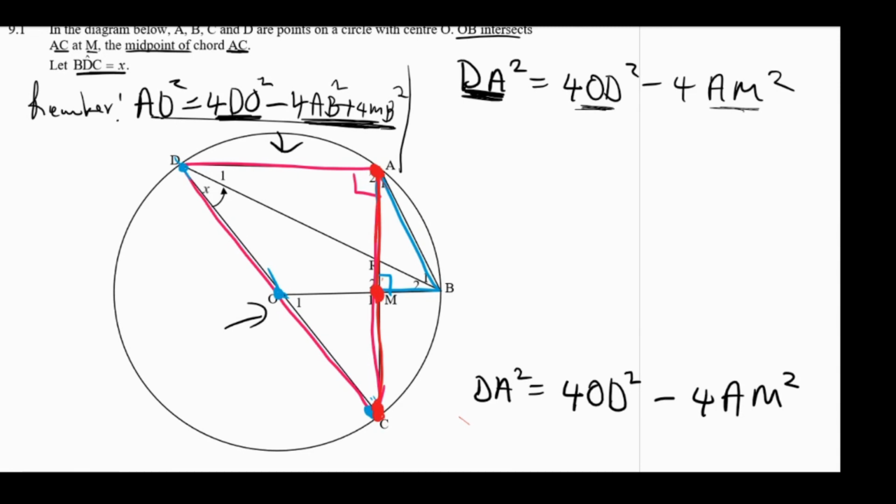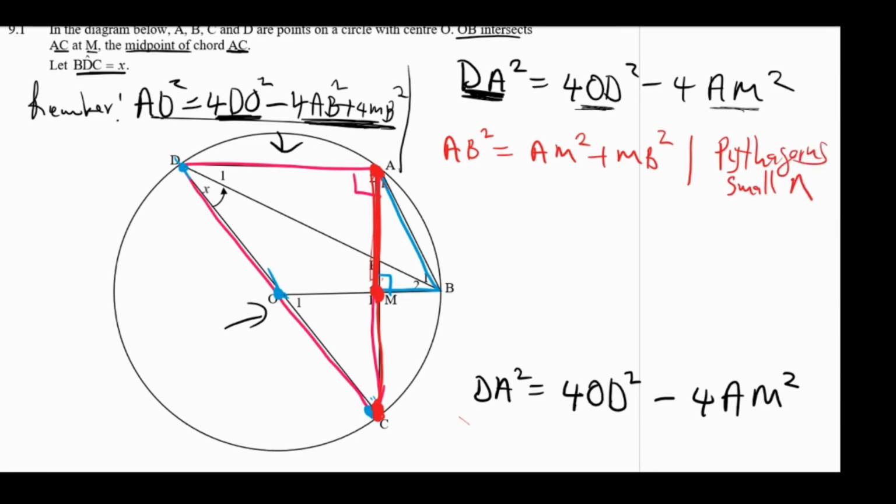So if we write Pythagoras for the small triangle, we would say AB squared is equal to AM squared plus MB squared.